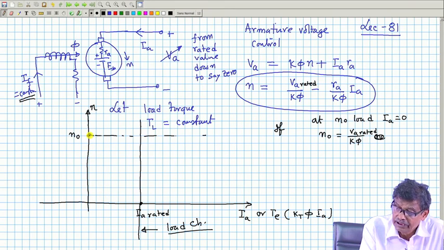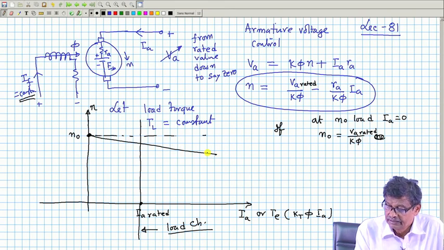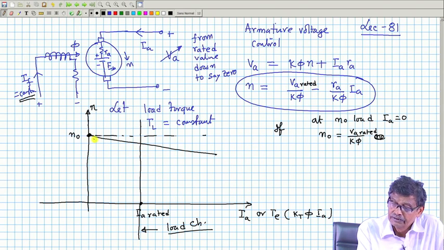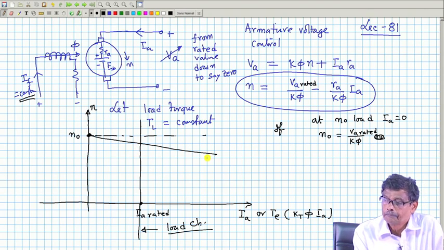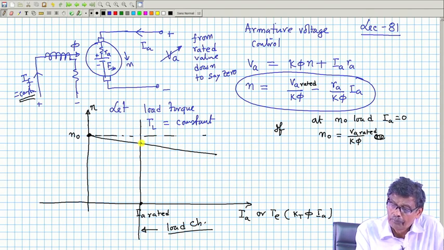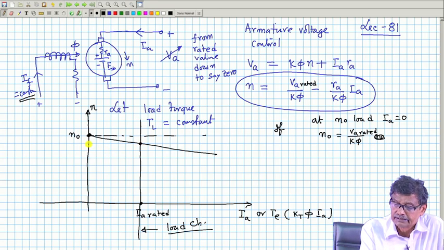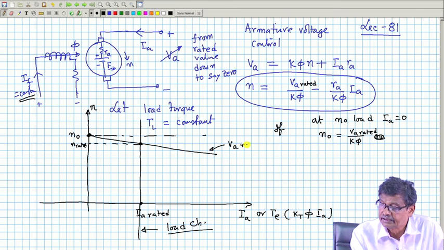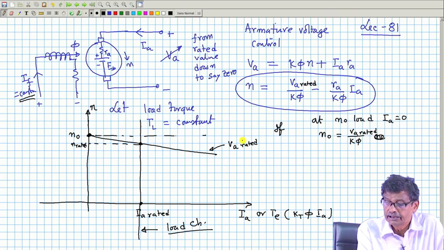Then, as we have seen, if you increase the load torque, the speed will fall and it will operate at this RPM, which is N rated, suppose. Got the point? This characteristics is drawn with V A rated, the applied voltage being the rated voltage.